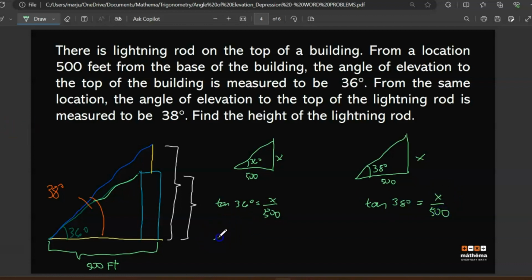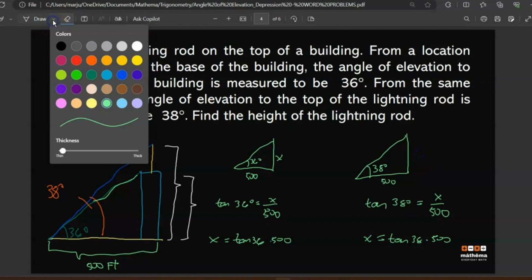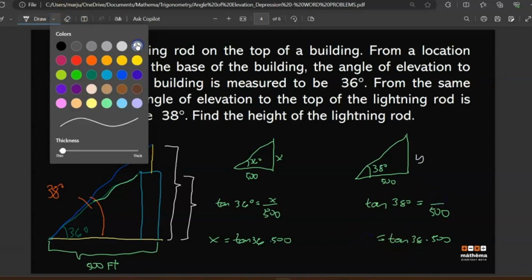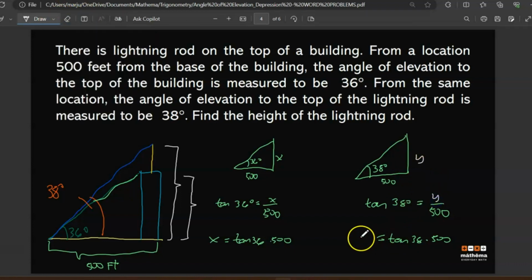This will just give us x is equal to tangent 36 times 500, and on the other side x equals tangent 38 times 500. And again we need to subtract. Let me just change the variable. Instead of x, I will be using y, so that we will have a distinction. So we have y and y.